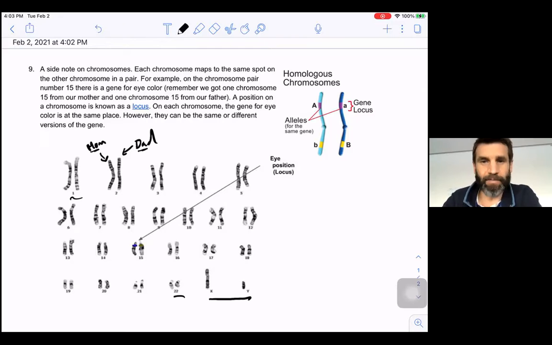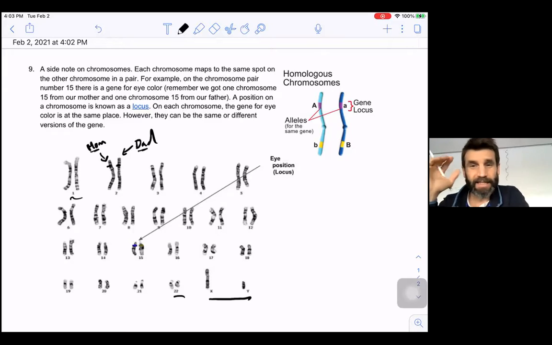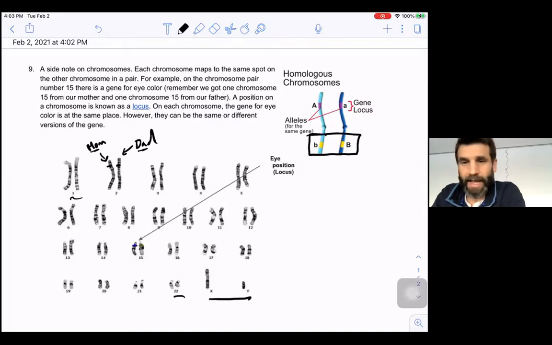One other thing we talked about previously was that in these chromosomes, the positions in the chromosomes from mom and from dad match up exactly, such that the same gene is at the same position in each of the chromosomes. And it doesn't mean that it's the same exact version of the gene, but the same gene. One example might be down here, this is showing that the same gene is at the same position.